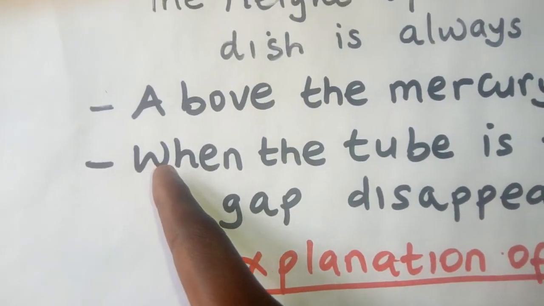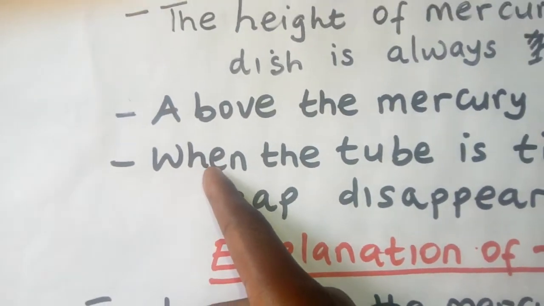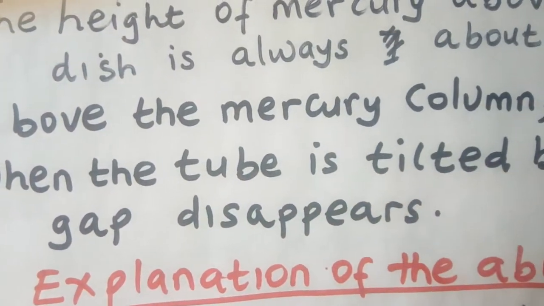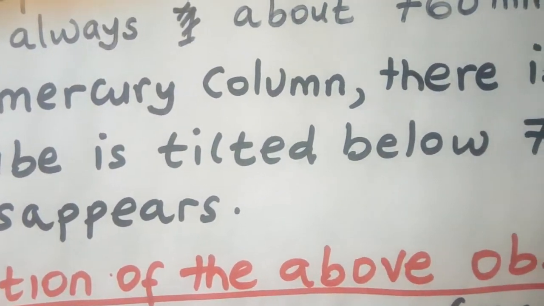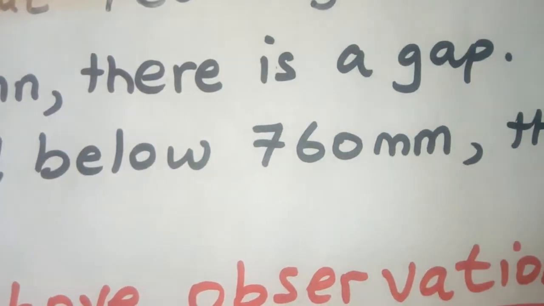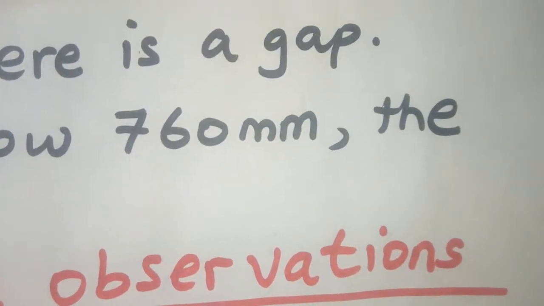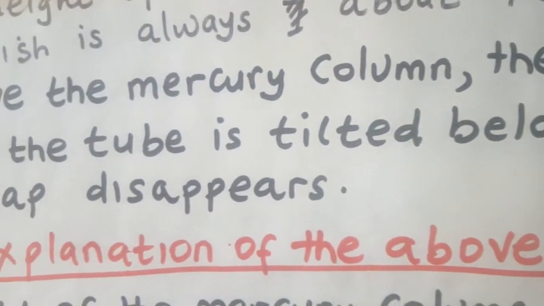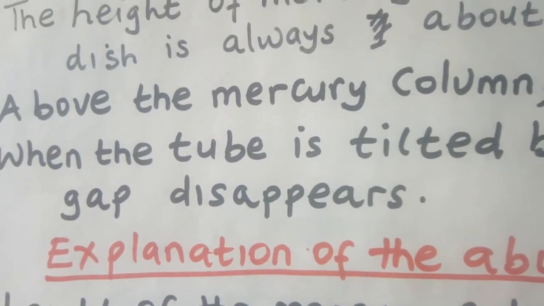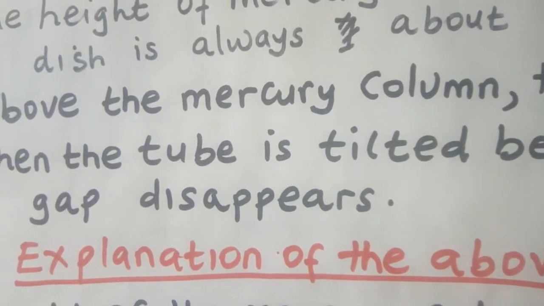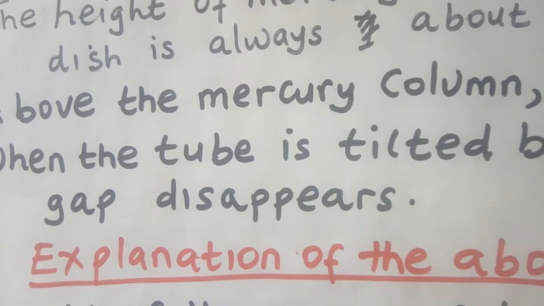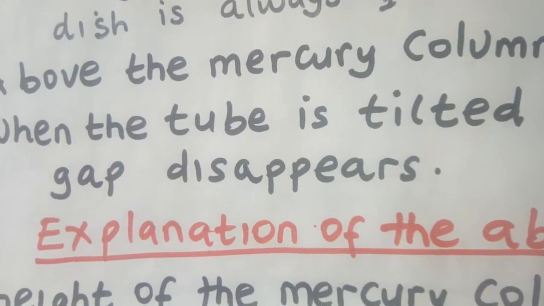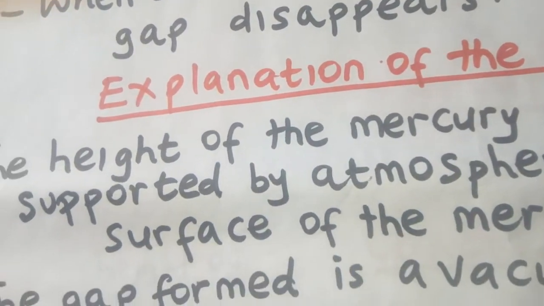Then he went ahead and said that when the tube is tilted below the 760 millimeters, what happens? The gap disappears. Remember, in the third diagram, the gap disappeared. So he needed an explanation for all those three observations, and these are the explanations.